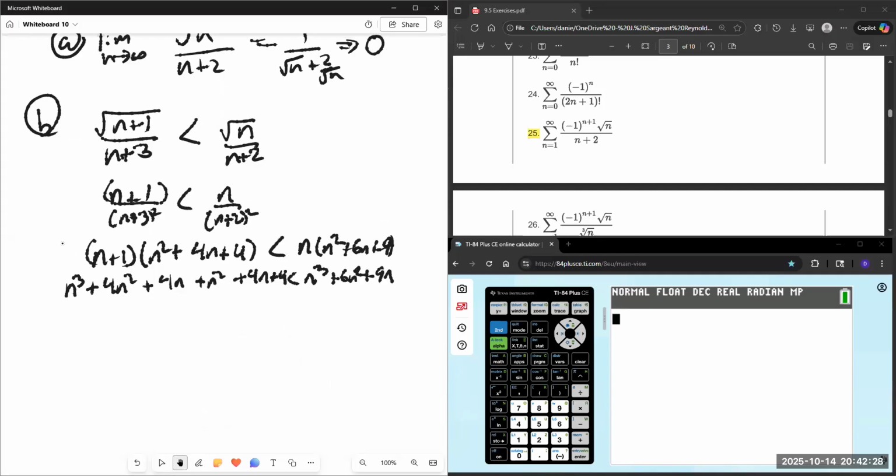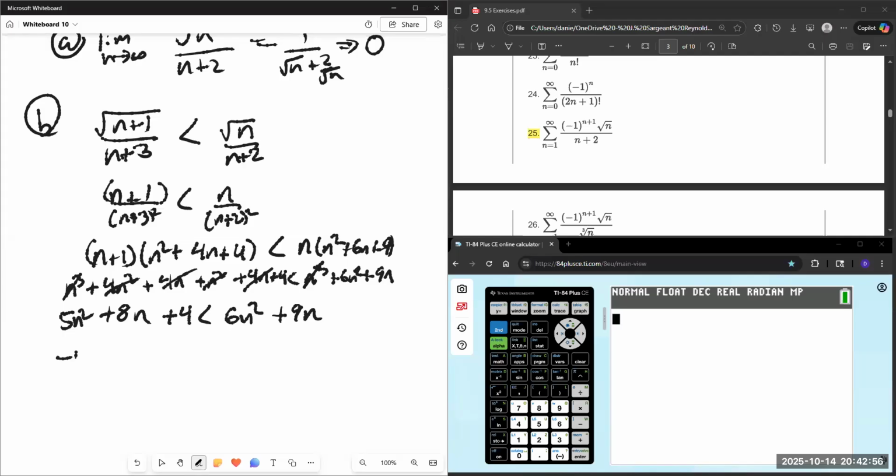And the n cubes are going to drop off here, and then 5n squared plus 8n plus 4. Is that less than 6n squared plus 9n?